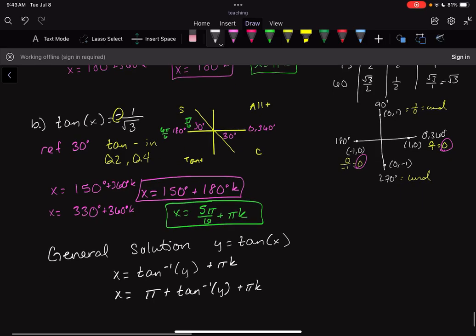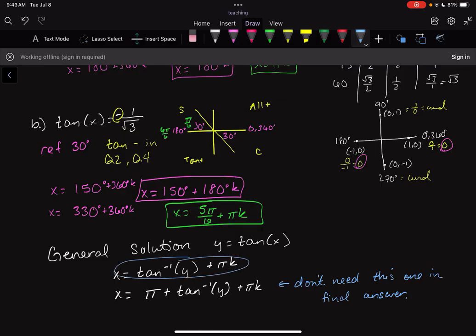So that's if you want both answers. It's weird to me that they write both like this because you don't need to write both. So I'm just going to put that as a note here. You don't need both. All you'll need actually is this one.